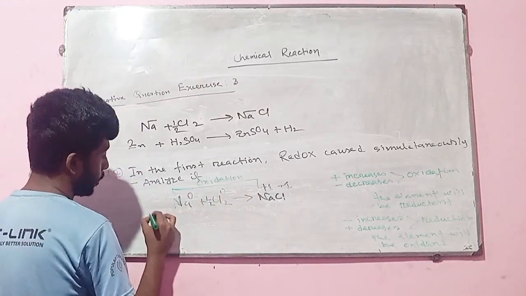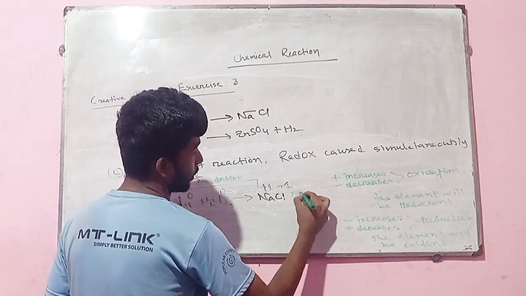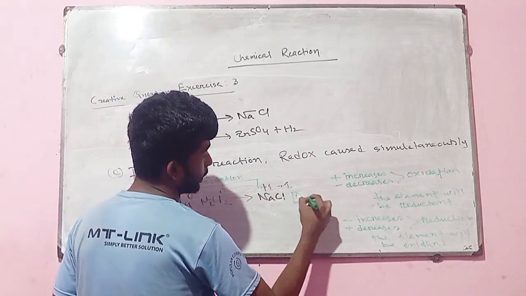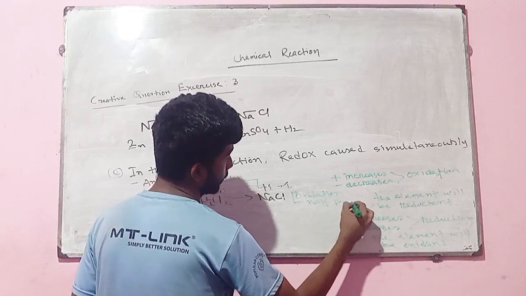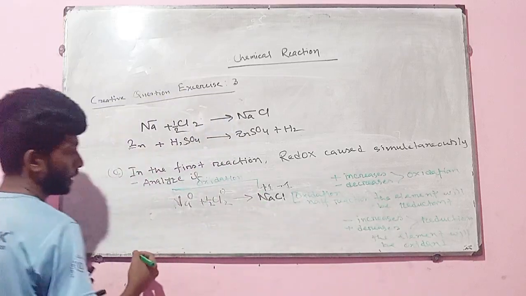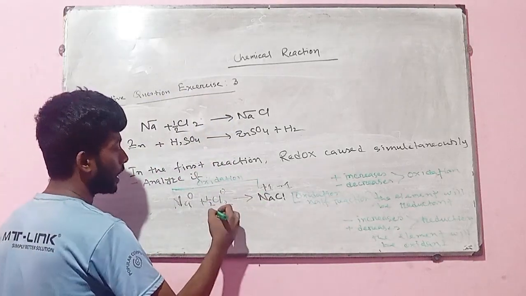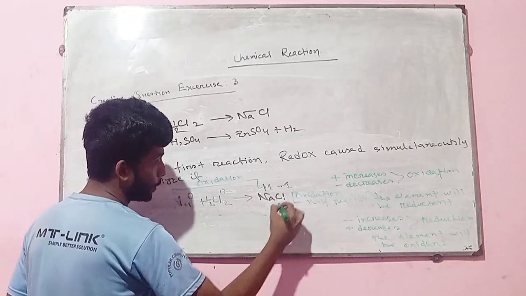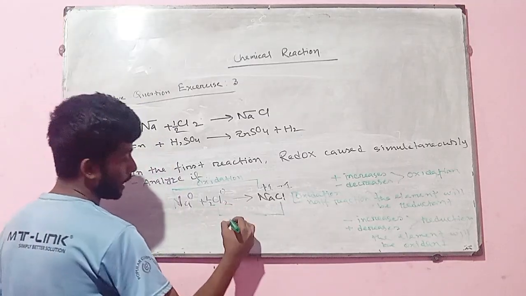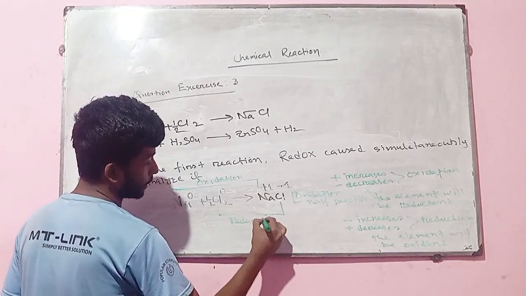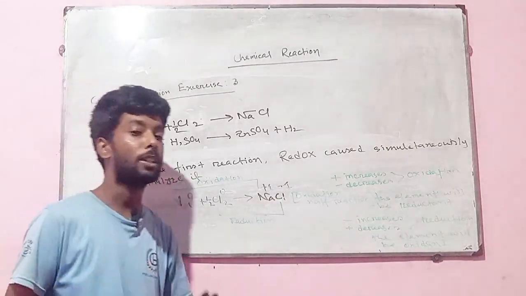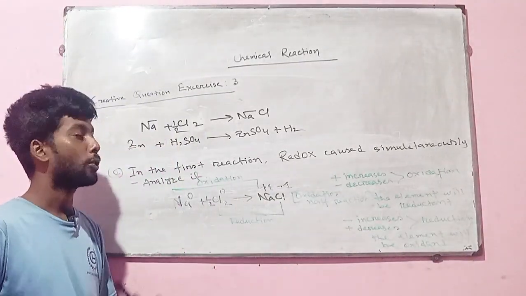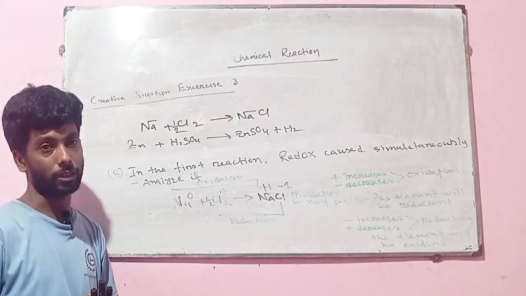So for sodium, we can write oxidation half reaction. Now we are marking this chlorine to that chlorine, then we can write reduction. It is reduction. Here sodium is emitting electron and chlorine is receiving electron.